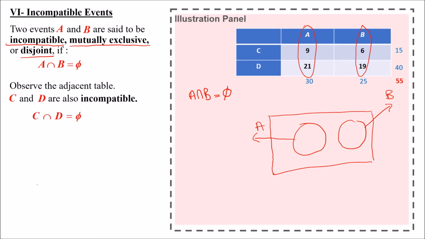Also, if we look at the table, we can notice that C and D are incompatible since there's no intersection between C and D.